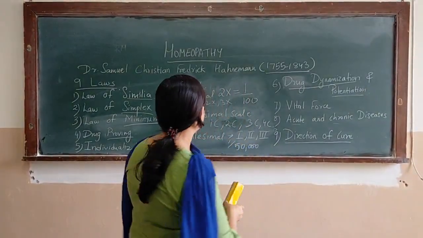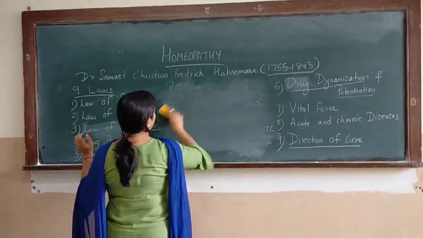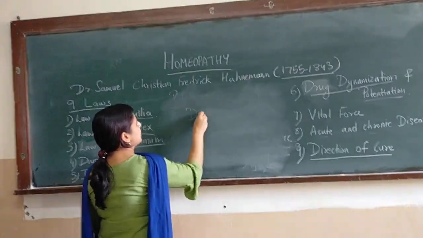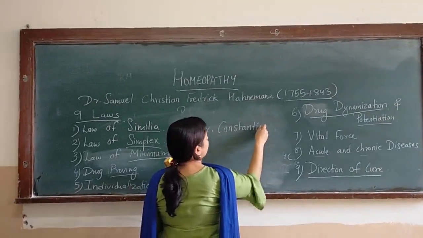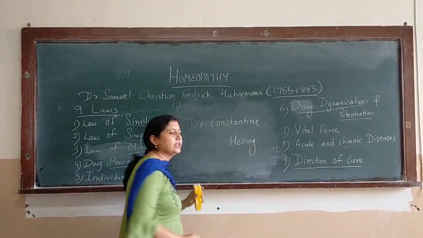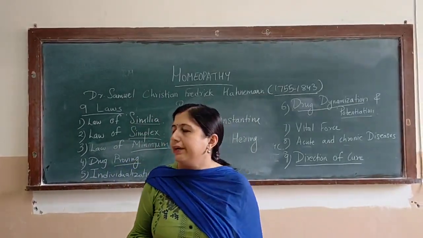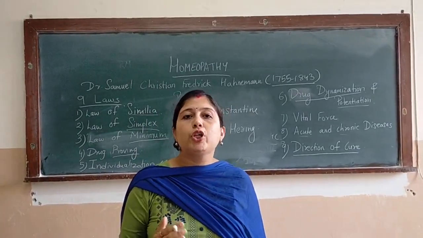This is a concept given by again a very eminent scientist of homeopathy. His name is Dr. Constantine Hering. He has done a lot of research work in homeopathy, and he has given one concept, that is direction of cure.